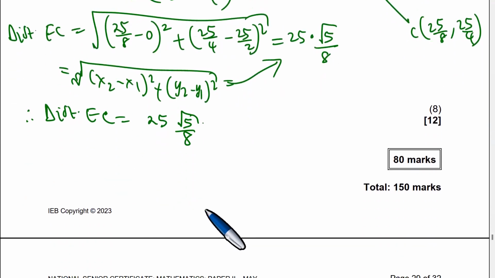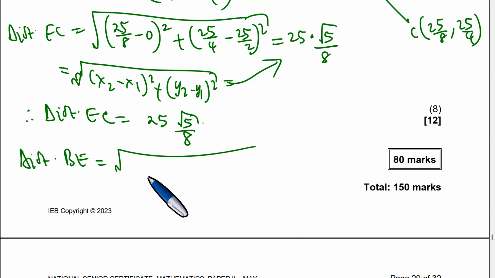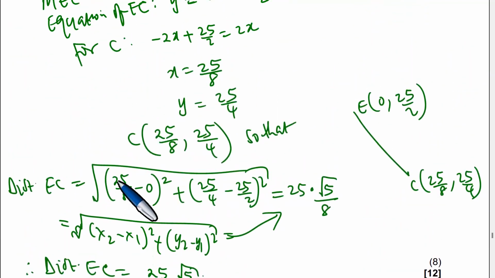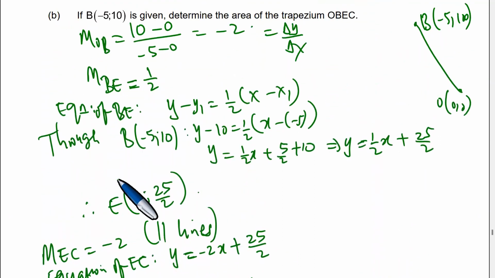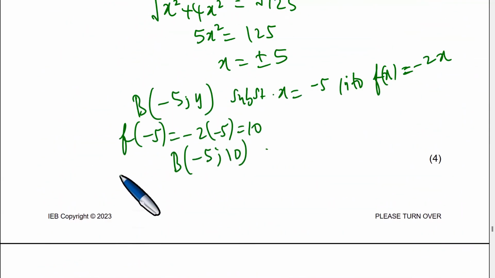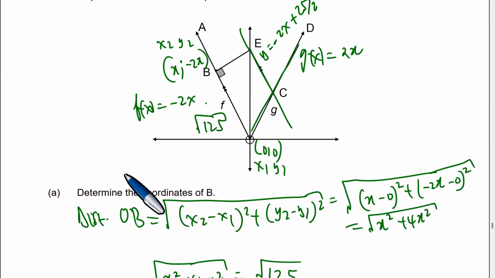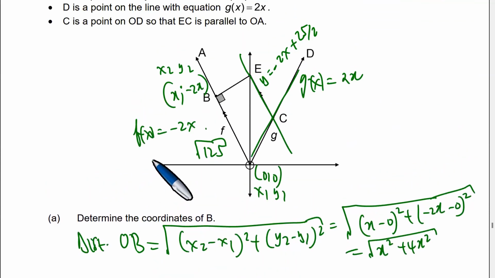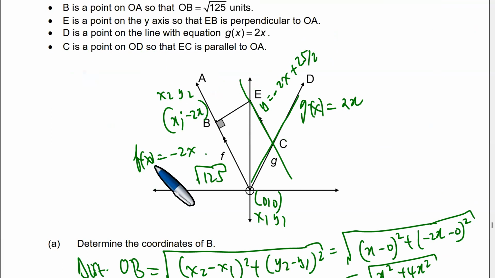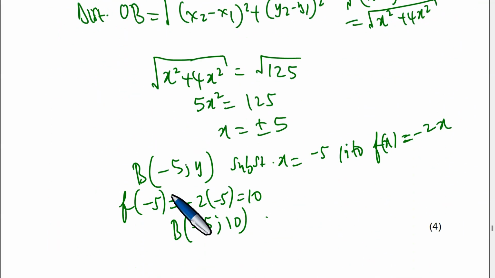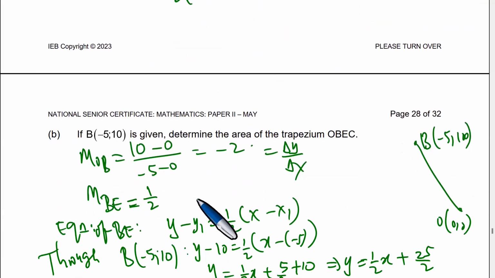And then now we need to find the distance BE, which is B minus E.